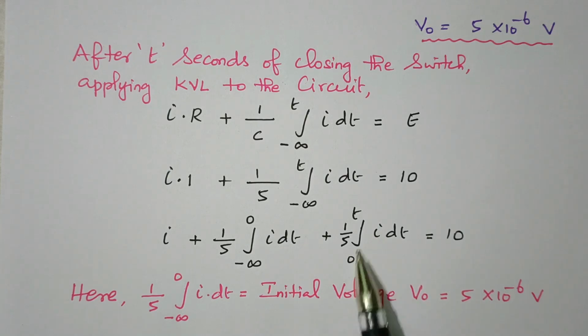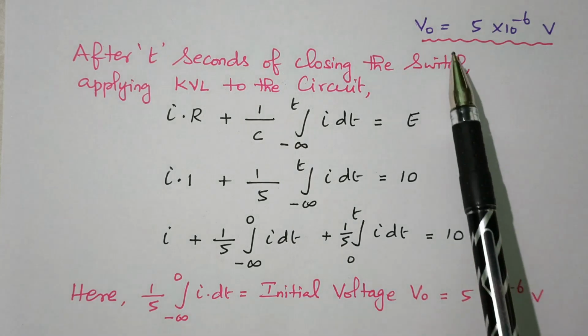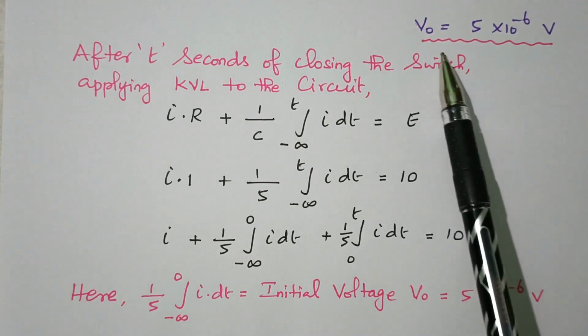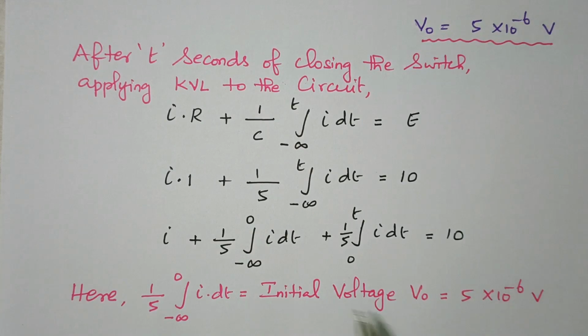This is the normal transient current, 0 to t, at t the switch is closed. The initial voltage we already calculated is 5 into 10 to the power minus 6 volt, from the initial charge and capacitor value. Now we can replace this term with 5 into 10 to the power minus 6 volt.